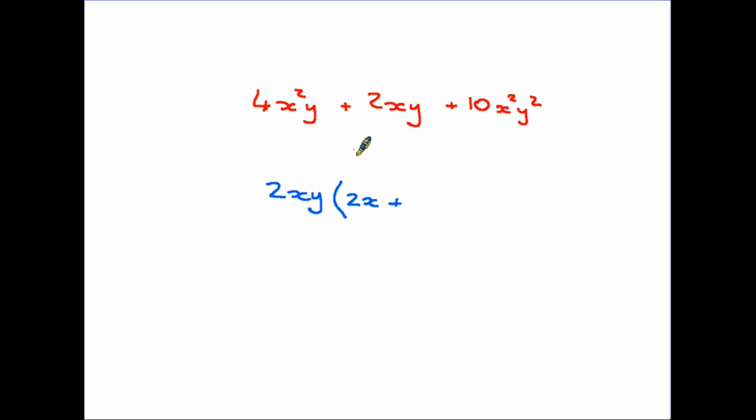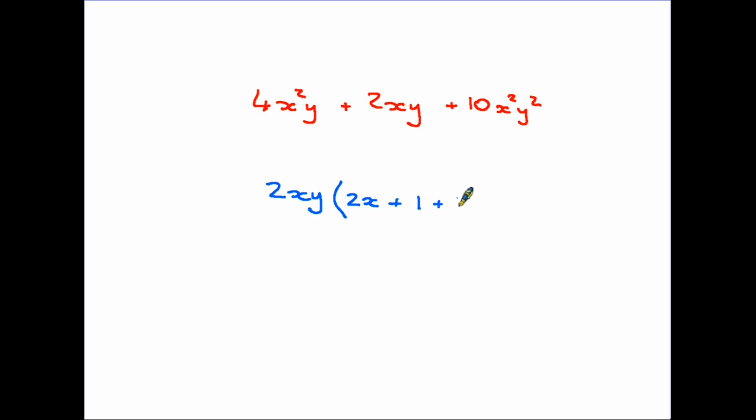So we move on to the next term. Now, this term is 2xy. What have we taken outside? 2xy. We've taken the whole term. Therefore, if we've taken everything, we have to leave in a 1. Moving on to the third term, the number is a 10. We've taken out the factor of 2. How do I go from 2 back to 10?